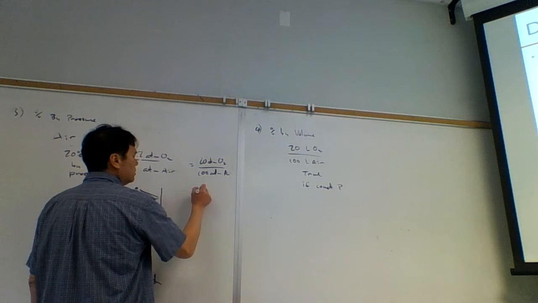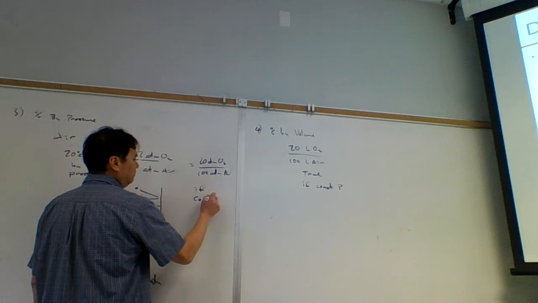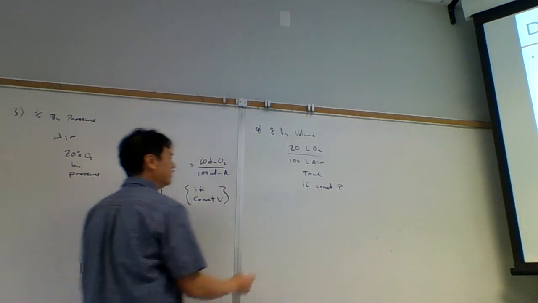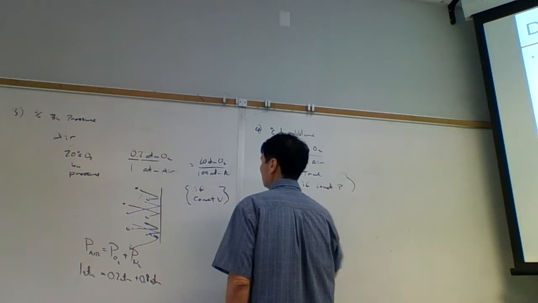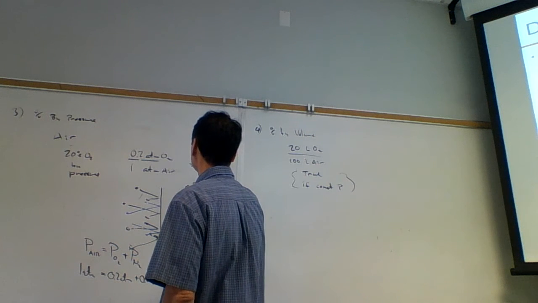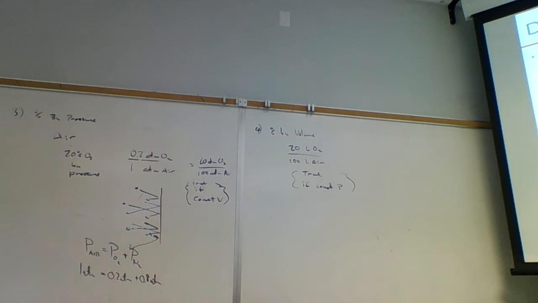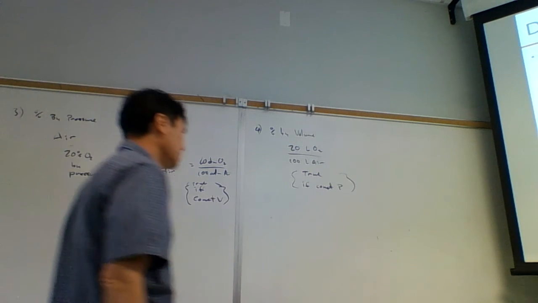Dalton's law is true if we have constant volume. So what 3 and 4 are, are 2 ways of looking at the exact same mixture, but we visualize them differently. Let's take a look at 3 and 4 in detail.